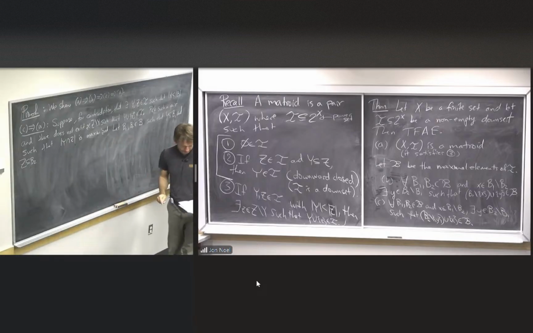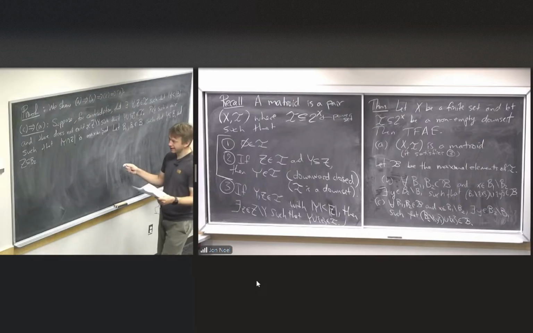Just these things are in I, I can make maximal sets that are in I, so then they'll be in B. Is this clear so far? We haven't done too much, but okay.